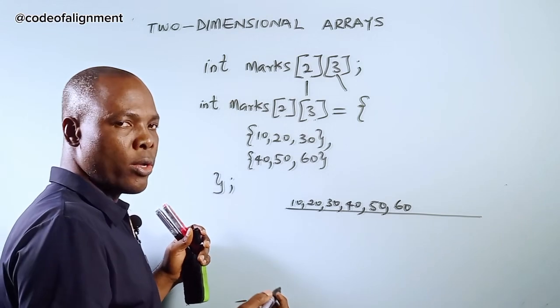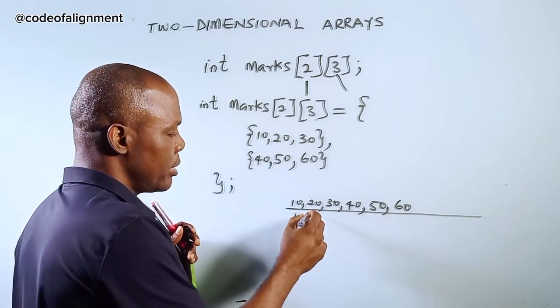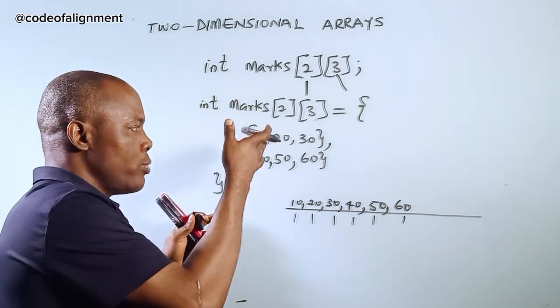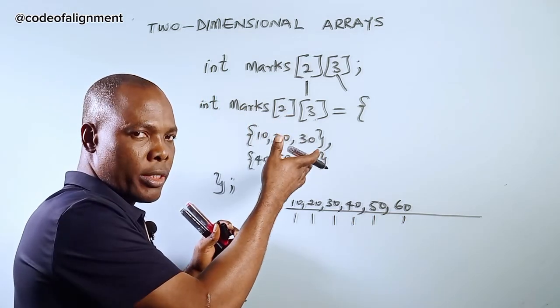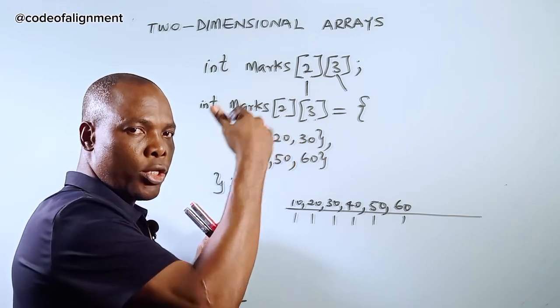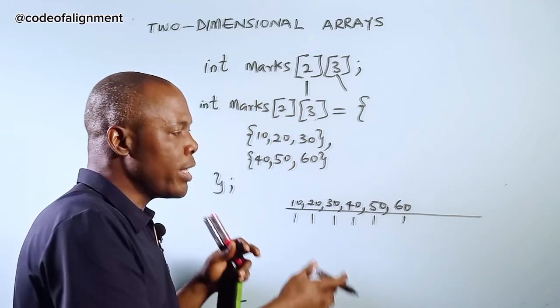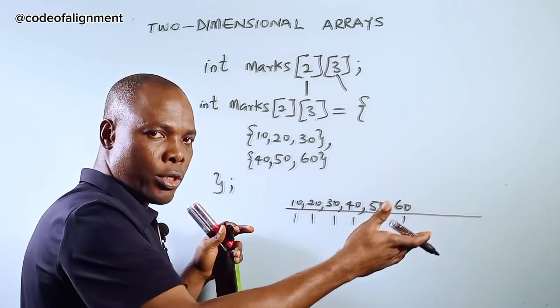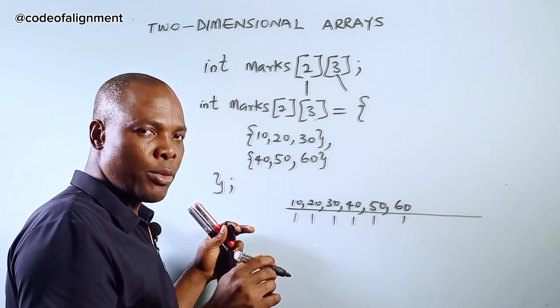So how are you going to calculate the memory address for each of these? Because you're having it as rows and columns at the logical layer, but in the physical layer, it is still stored in contiguous memory locations. So how are you going to calculate the memory address?